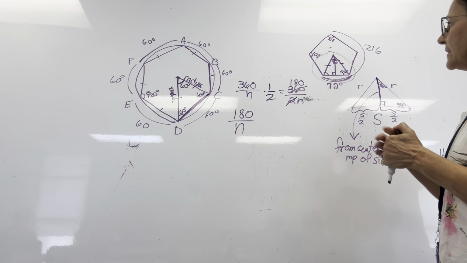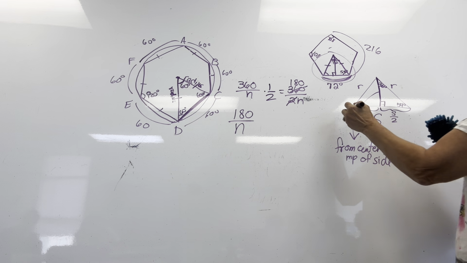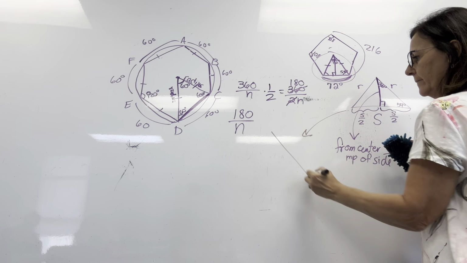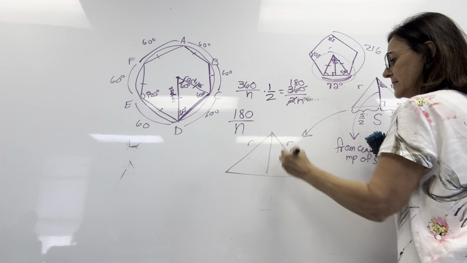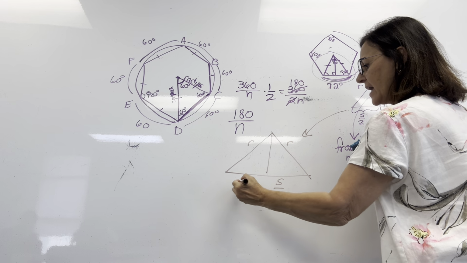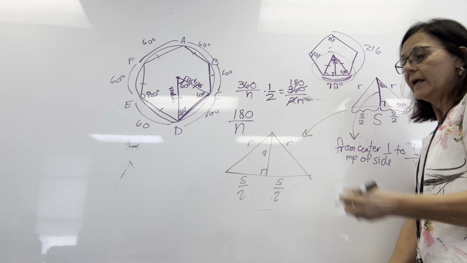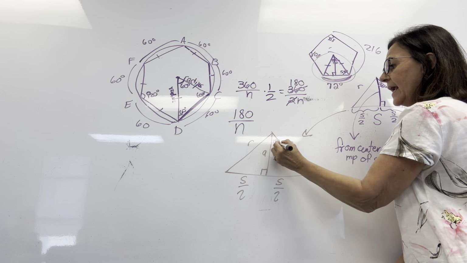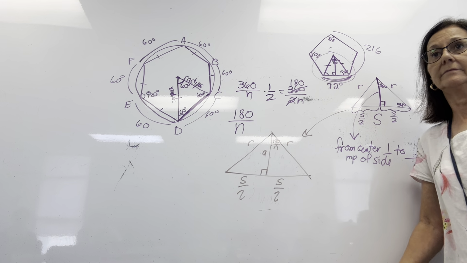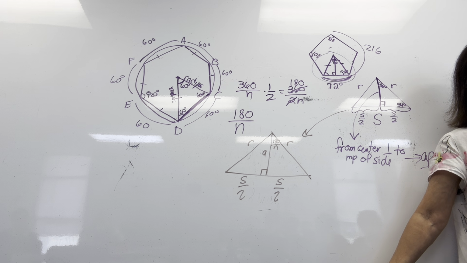So in this pentagon, I'm going to redraw this over here. I'm going to make it bigger. That's the radius. That's half of the side. That's now the apothem. This angle here is going to be 180 divided by n. Got it? You following me?